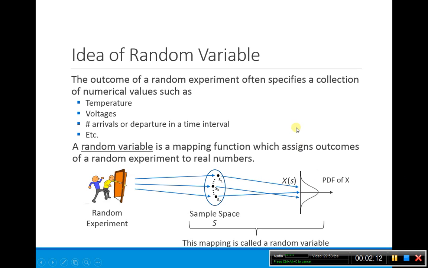So you have some kind of sample space, and to that sample space, what you're doing with a random variable is assigning some kind of number. Tossing a coin is a random thing. Rolling a die is a random thing. You're going to assign some kind of real number to this random event, to these outcomes in the sample space.